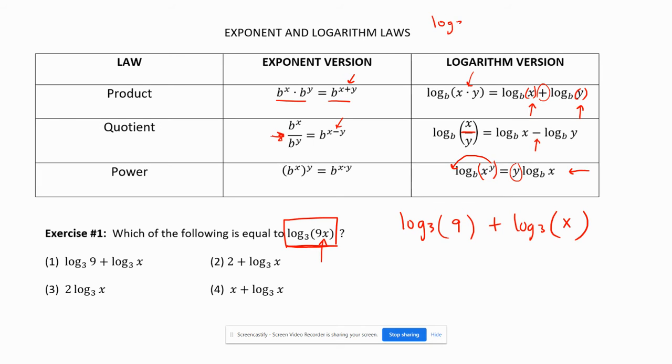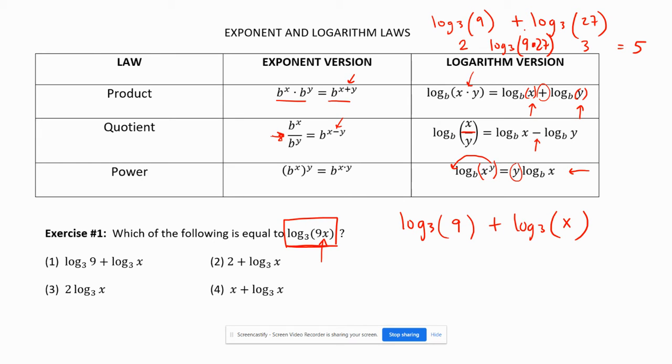Just another kind of quick example without a variable. If we had something like this, log base 3 of 9 plus log base 3 of 27, I think I did this before, we can rewrite this as log base 3 of 9 times 27. That's how it would work out. And 3 to the second power is 9, 3 to the third power is 27, 2 plus 3 is 5.